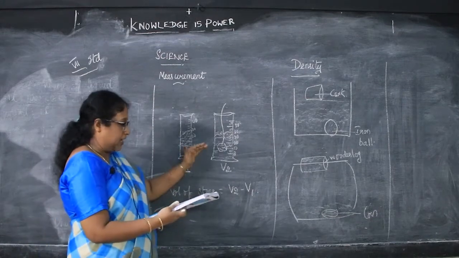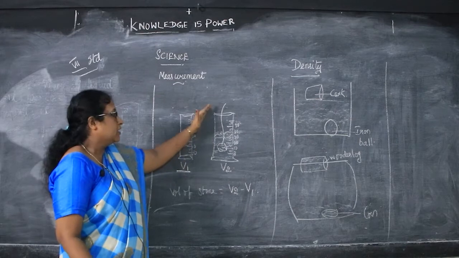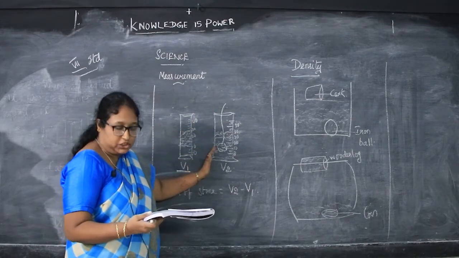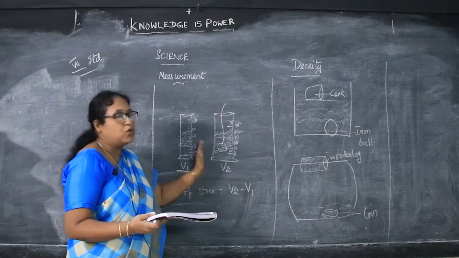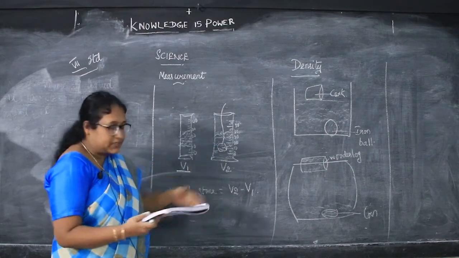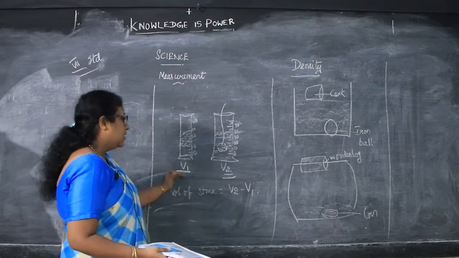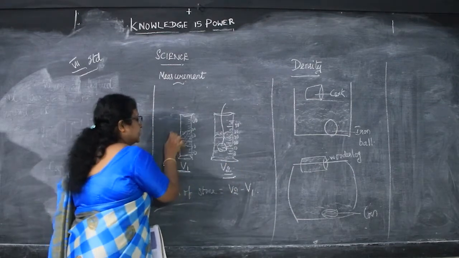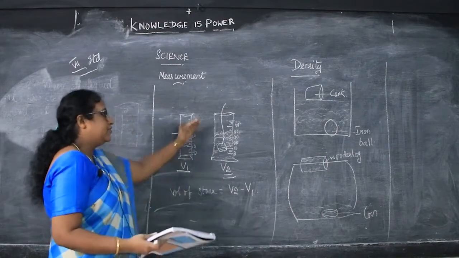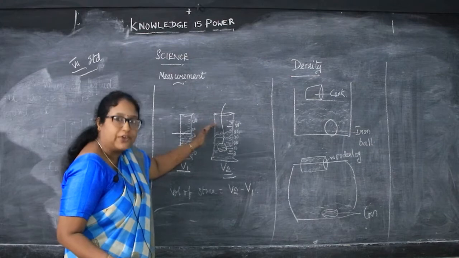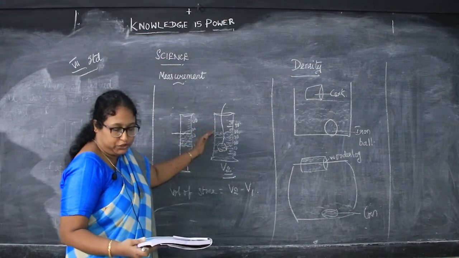Then take another jar, tie a stone on a thread and immerse the stone inside the jar without touching the walls of the cylinder. This is taken as V2, but in V1 the initial level is 30. After immersing the stone, we see that the water level rises in V2.